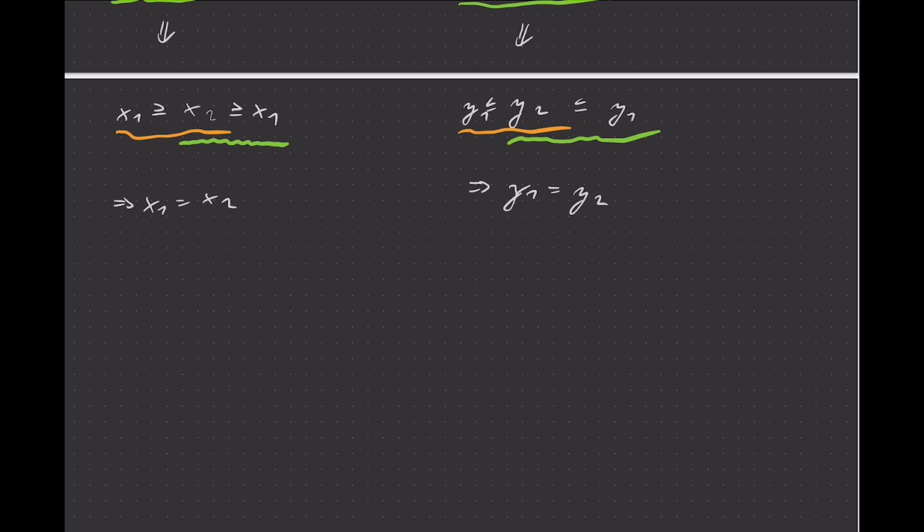We also know that x1 and x2 sum up to 1 and are non-negative, and the same holds for the y's. So the only solution where this can hold is x1 and x2 must both be 1 over 2. And same here, y1 and y2 must both be 1 over 2.